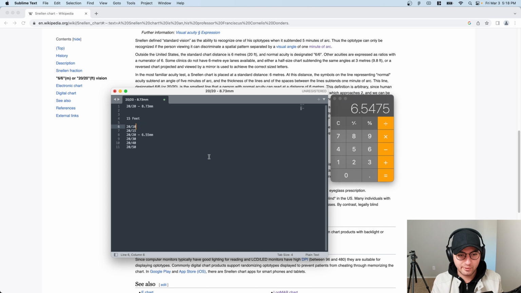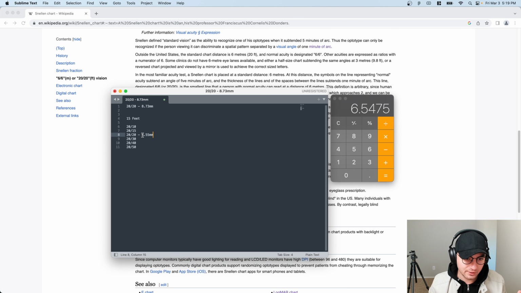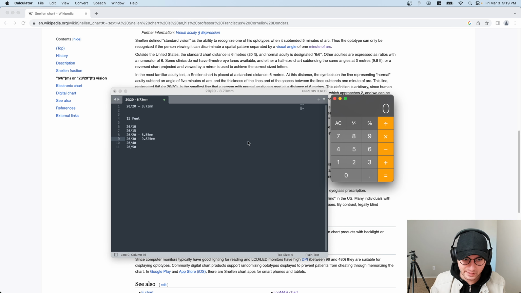So now that we have the baseline, we can start calculating the other rows. Anyway. So now if we know that the baseline is 6.55 millimeters, 20/40 is 2 times the scale factor, so this is gonna be 6.55 times 2.